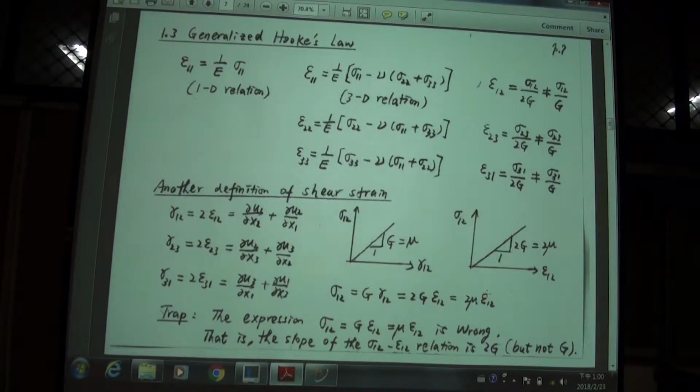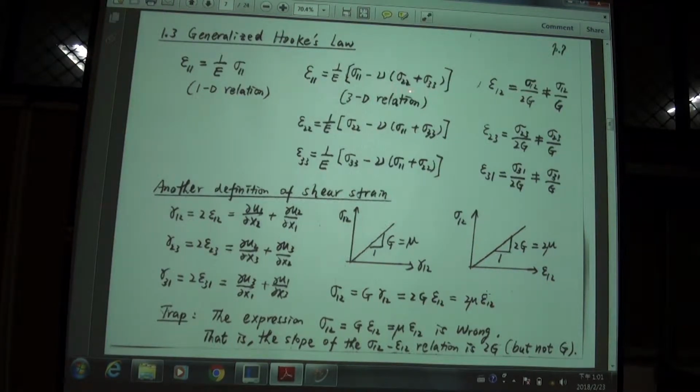How come we have such a modification? Let us explain to you. See, the Poisson effect tells us that when you pull a one-dimensional bar longer, if a one-dimensional tensile bar becomes longer as you pull it in the x1 direction, then at the same time the bar will contract in the x2 and x3 directions.